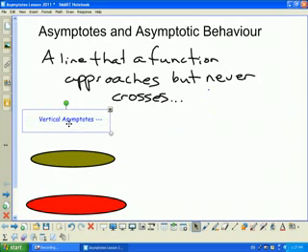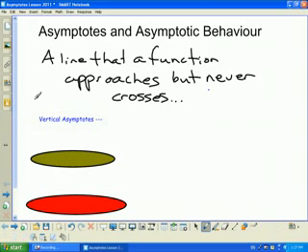Vertical asymptotes. How do you know when a function has a vertical asymptote? Arian. Okay. First of all, you have to know that they're for rational functions, right?